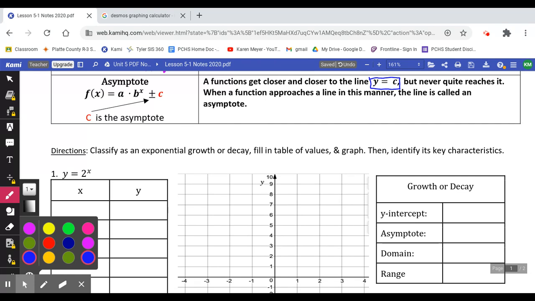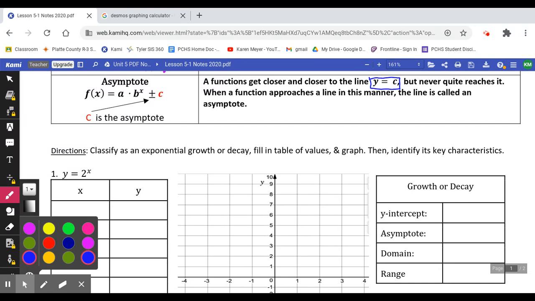Well, if you look over here to our function, we added a little bit more to it. So we have a times b raised to the x, but now you see that we put plus or minus c. So you could have plus 10 behind it, you could have minus 4 behind it, but whatever that number is, that is your asymptote.